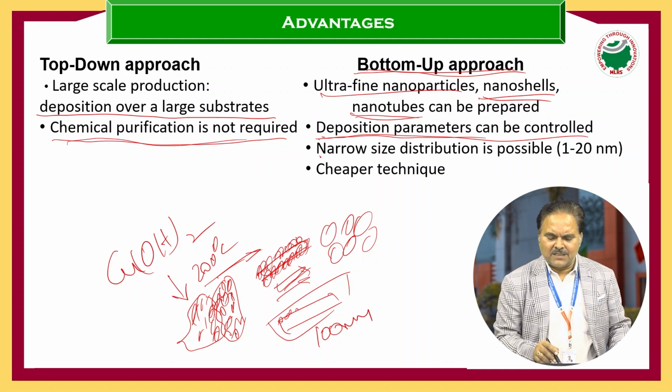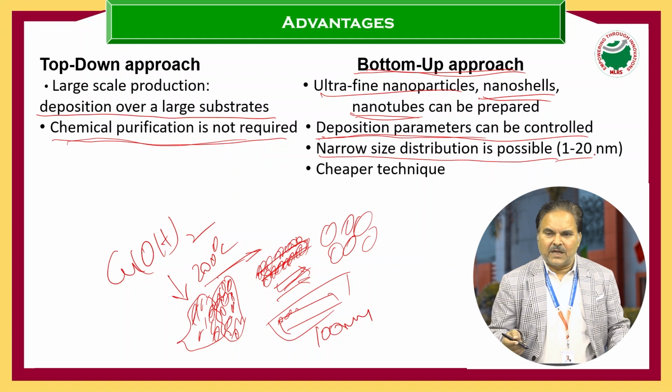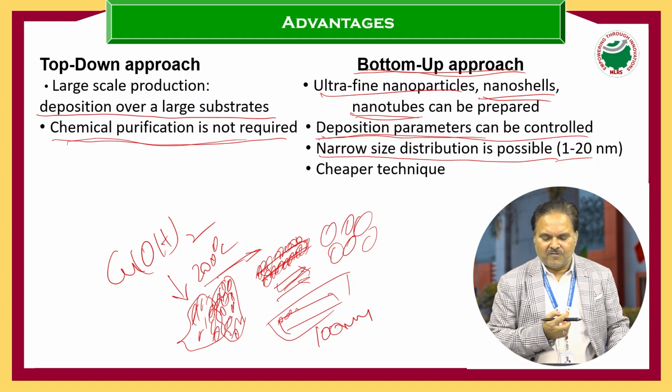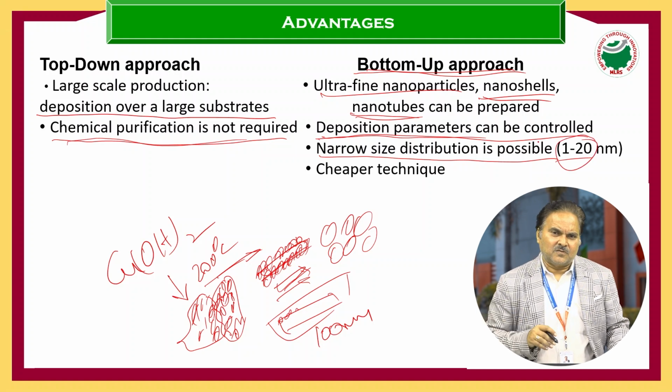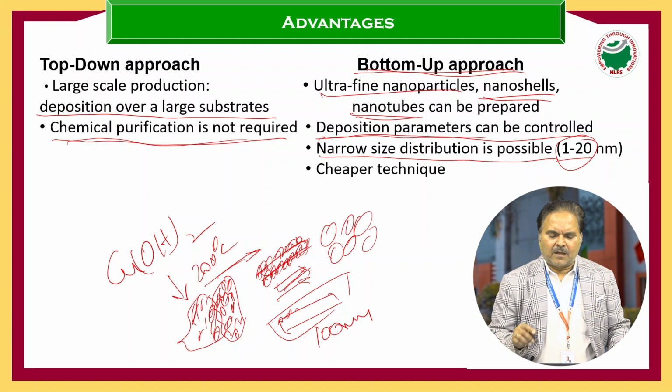The size distribution is 1 to 20 nanometers, but it's not really narrow. Its variation is more. In physical methods we can get very fine particles, but in chemical methods the variation will be 1 to 20. Within that 1 to 20 itself, there are a lot of variations in properties. So that's one type of disadvantage actually.